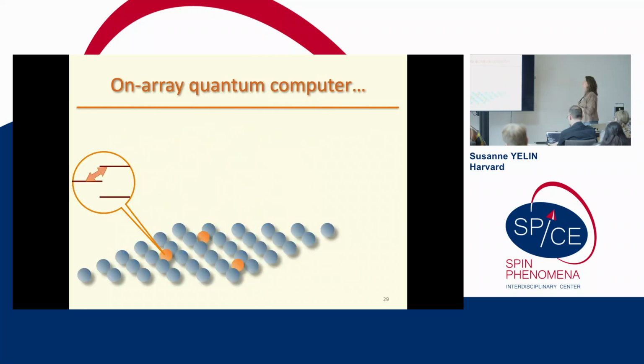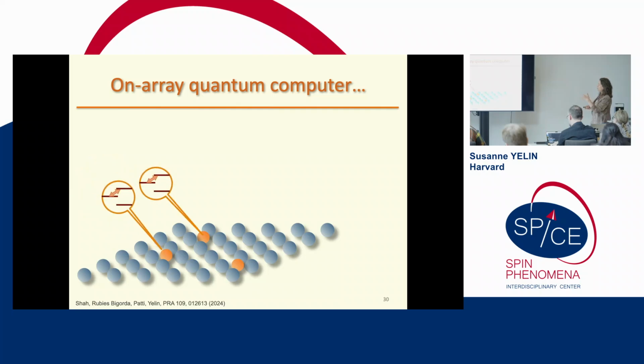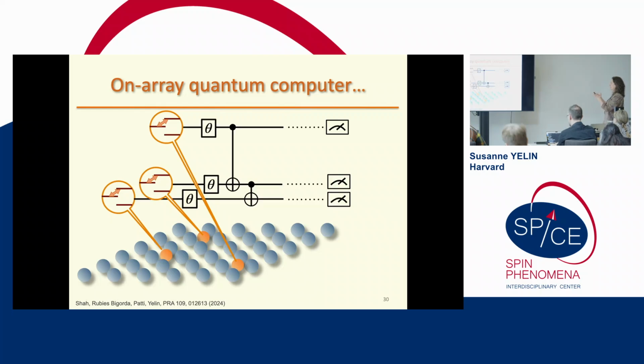But if we can do this, we can basically have each of these impurities be a qubit, and we can let them talk to each other, in principle, build gates, etc. So this is probably not the best quantum computer ever invented, but it shows you what this in principle can do, and we have calculated what the fidelities would be, etc.